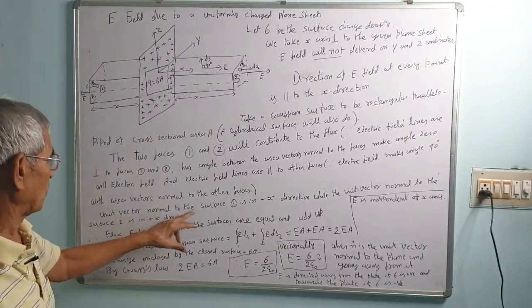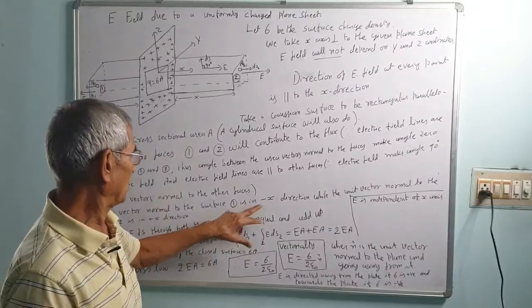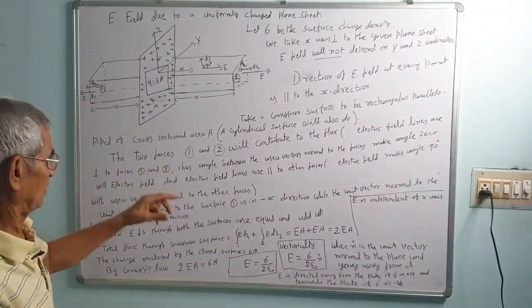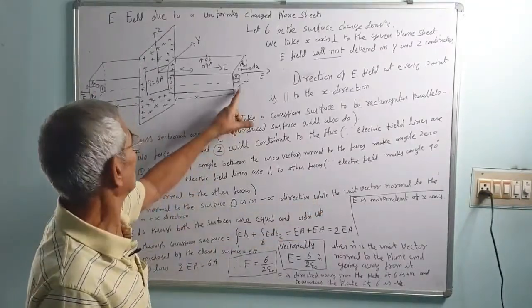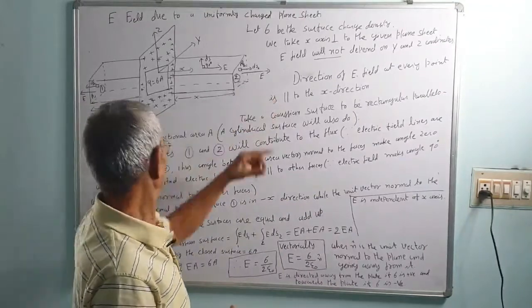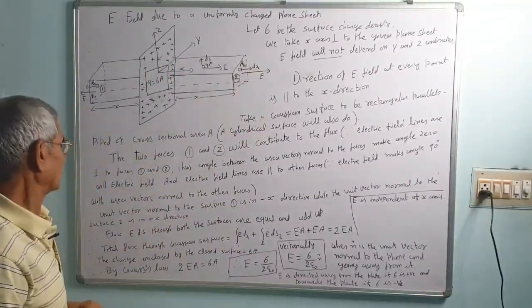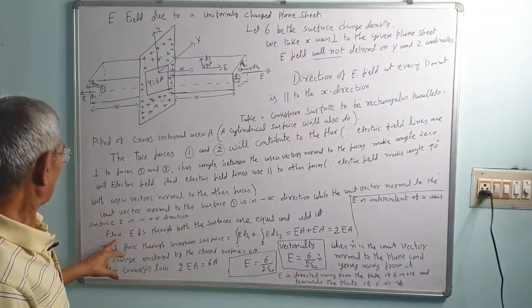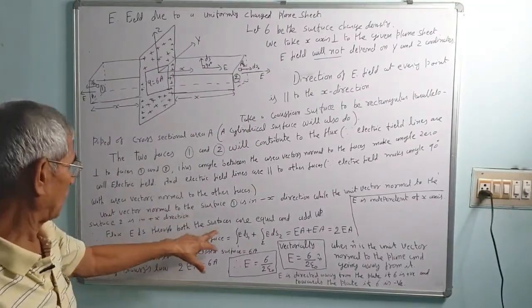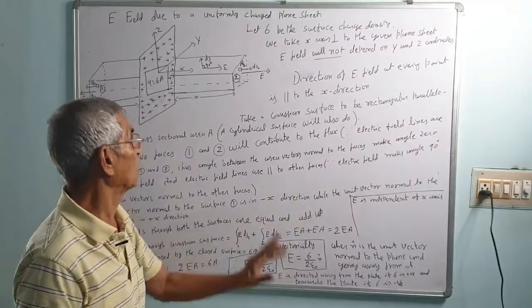Thus, the unit vector normal to surface 1 is in the minus x direction, while the unit vector normal to surface 2 is in the positive x direction. Therefore, the flux E·dS through both the surface areas is equal and adds up.